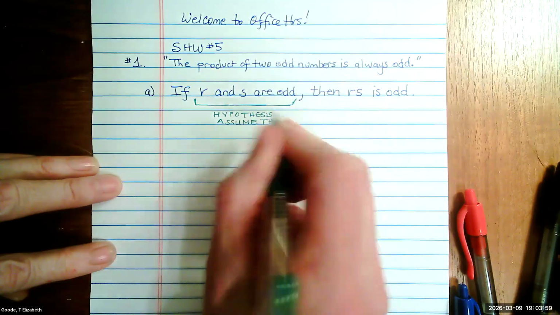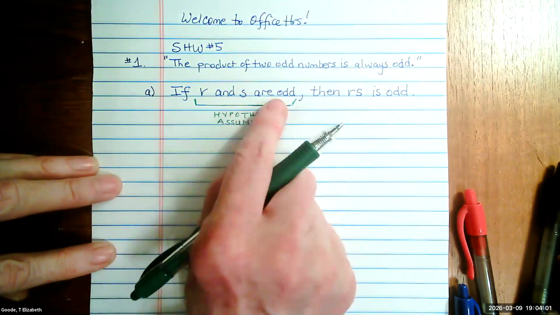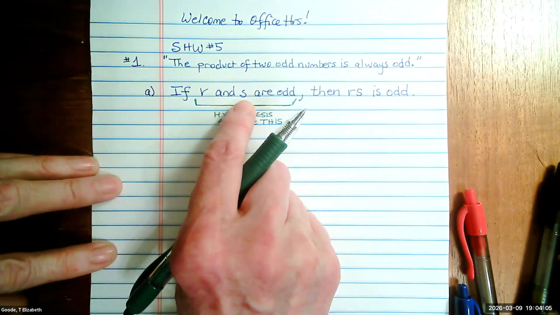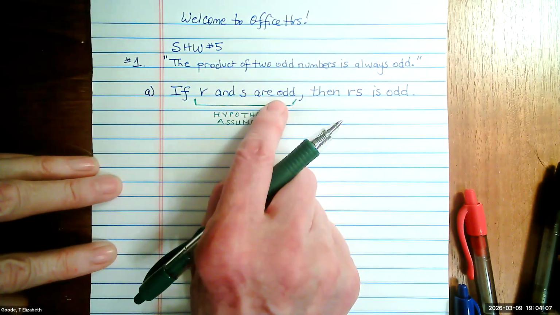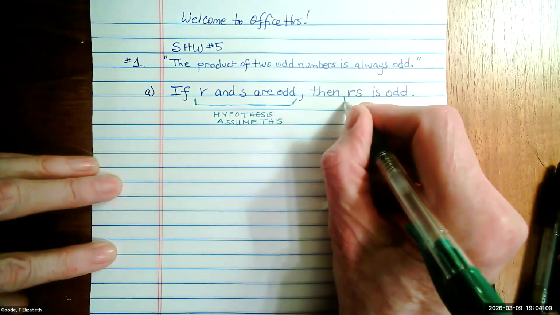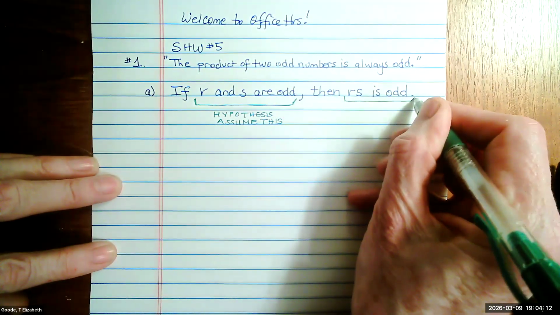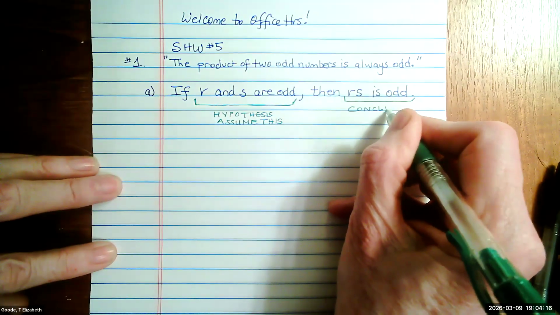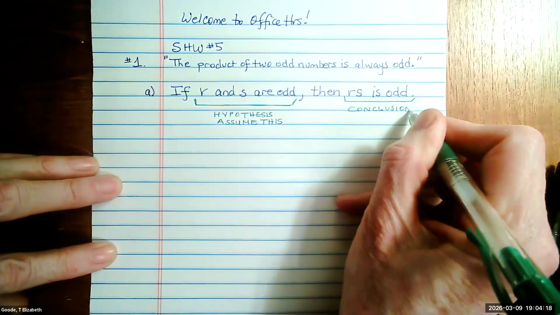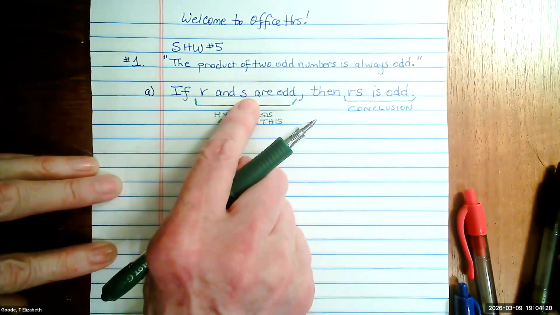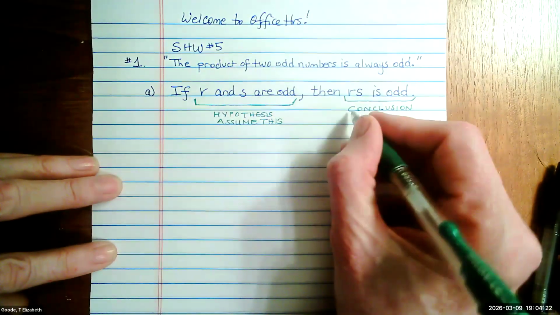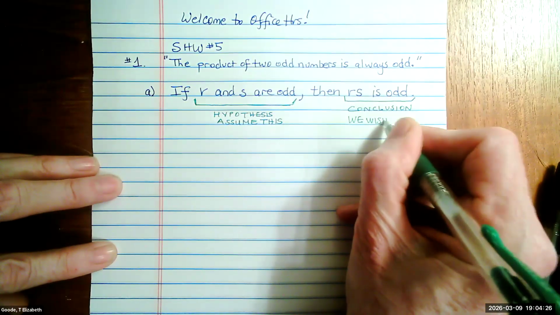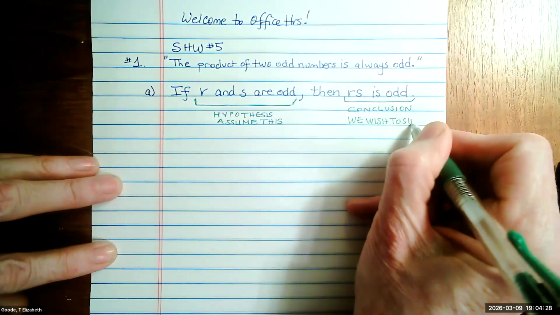And from that assumption, we will get equations about R and S. So we'll get our equations by using the definition of odd. And then what we wish to do is prove this conclusion, but we'll be able to look at RS and do substitution using our equations, and we will be able to show what we wish to show.